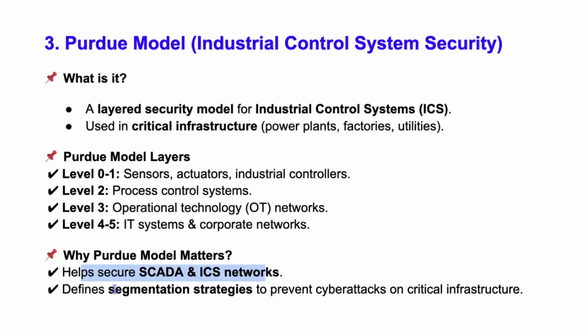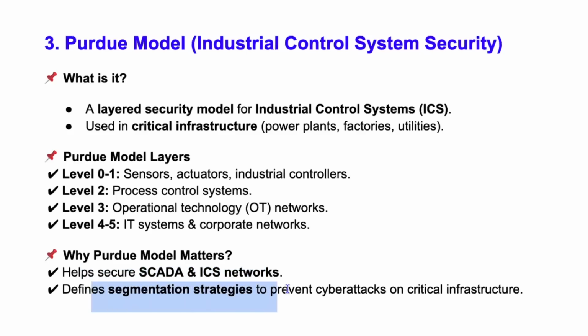It helps secure those types of networks, and supervisory control has to do with remote controls against these really massive infrastructures, because you're not necessarily on site. You're controlling the systems from a remote location.